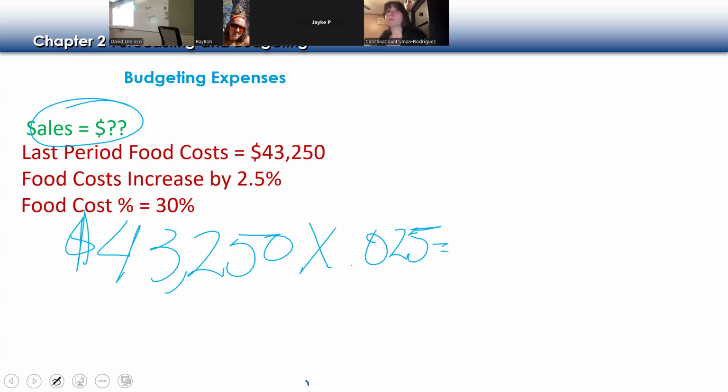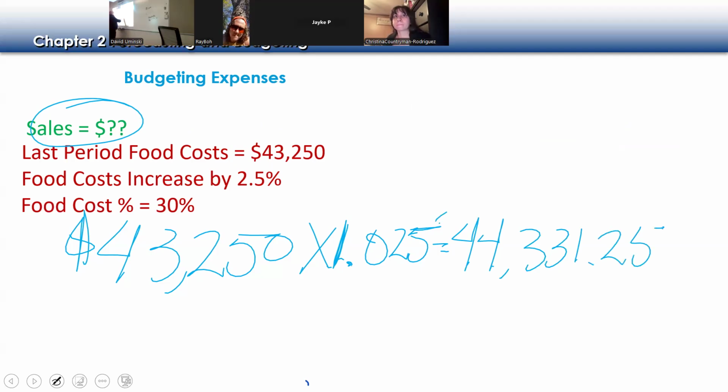Actually, let's do our shortcut, times 1.025. $44,331.25. So that is my new increased expenses, my new increased food costs. Follow me so far? That's step number one.